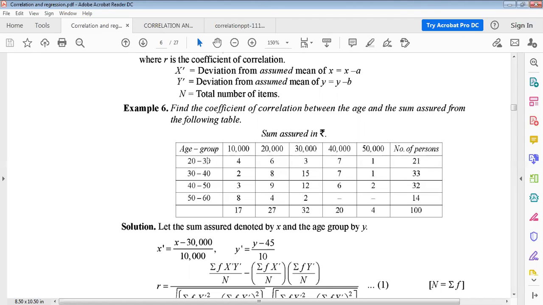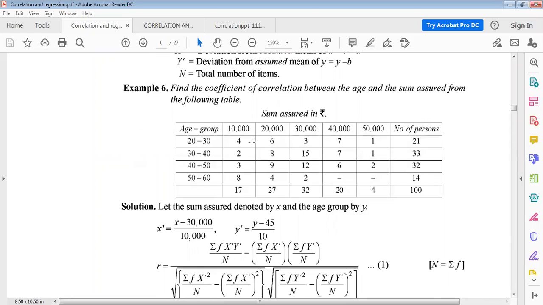Age groups 20 to 30, 30 to 40, 40 to 50, and 50 to 60 are given against the sum assured of 10,000, 20,000, 30,000, 40,000 and 50,000, with the number of persons in each cell. Now we take the totals for each column and row, and the total number of persons is 100.